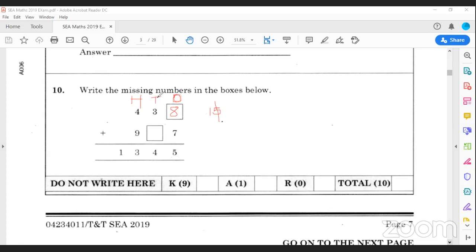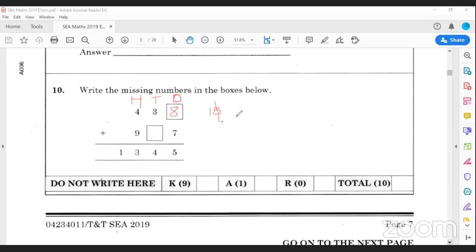Let's go to the tens column. 3 plus something is going to give me 4. You can almost see this. 3 plus what is going to give me 4? 3 plus 1.